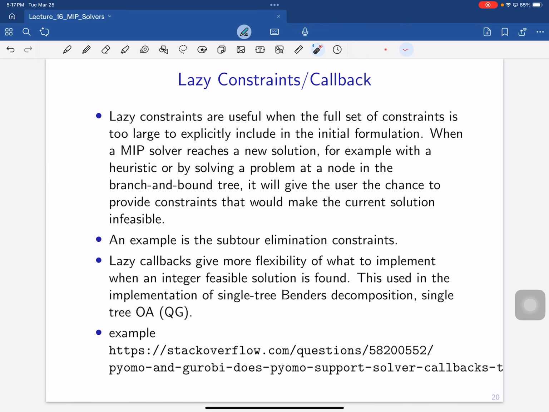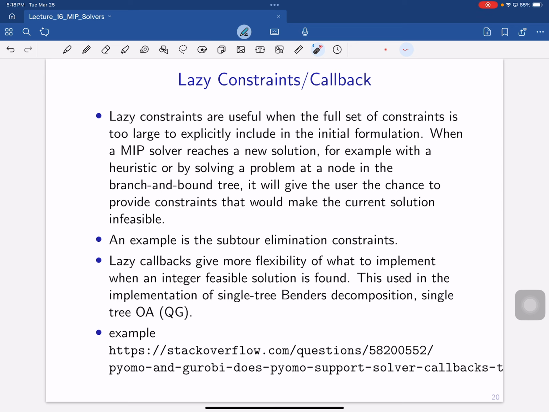Now I would like to talk a little bit about the callback or lazy constraints. We talked about lazy constraints before in the subtour elimination constraints. The motivation of lazy callback is that for some applications, like the traveling salesman problem, there can be exponentially many constraints.